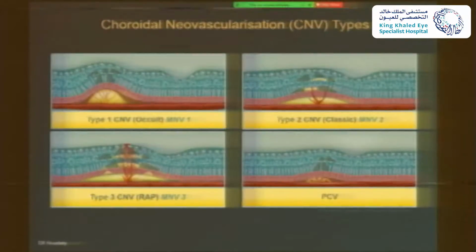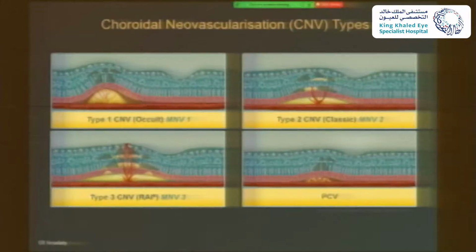And as they make their way down, the RPE creates some channels for these vessels, and through these channels, the choriocapillaries start to join these retinal vessels, and you have a communication between the retinal and the subretinal or sub-RPE circulation, and those are pretty bad ones, and they're very difficult to get rid of. So this is a type 3 CNV, RAP lesion, retinal angiomatous proliferation, or what we call macular neovascularization type 3.